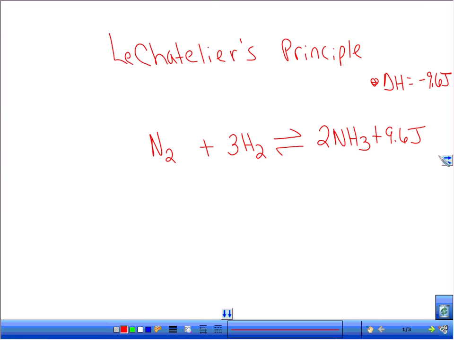So, now that it's part of the equation, if I were to increase the temperature, increasing the temperature would give it more energy. So if I increase the temperature here, it would be like increasing this, increasing the energy. And a while ago when we said if we increase this, it's going to cause it to shift to the left. Well, if I increase this, it's also going to cause it to shift to the left.